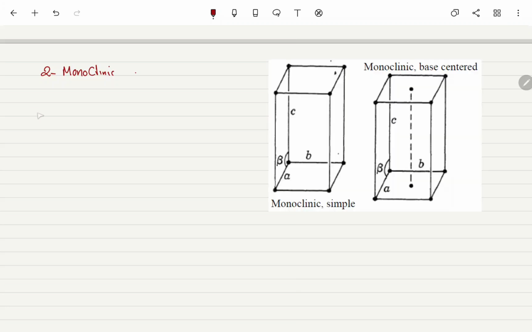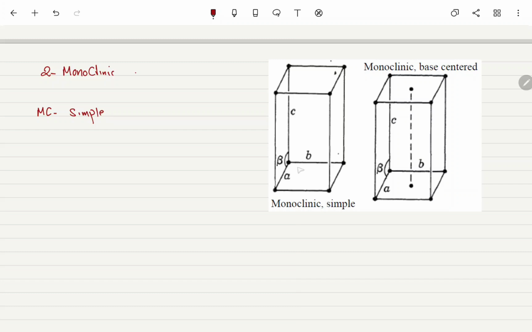Now the second one is monoclinic. In monoclinic, there are two types of Bravais lattices, a simple one and a base centered one. First we have monoclinic simple, this one here.